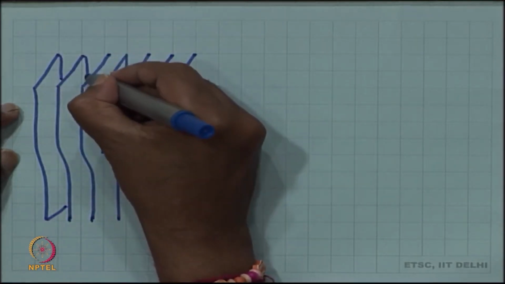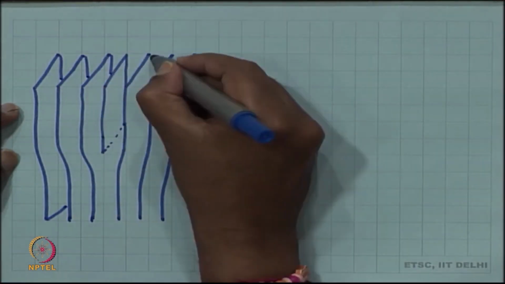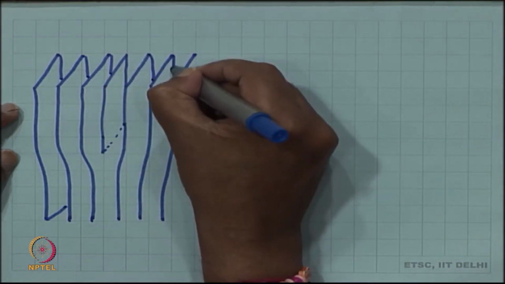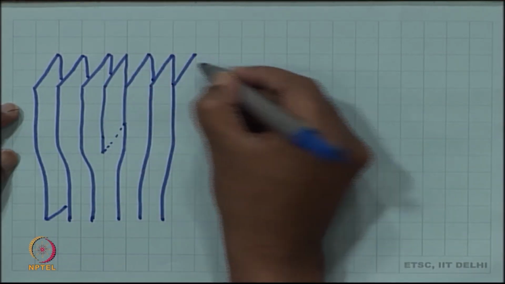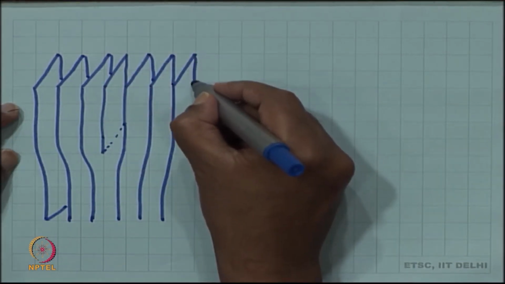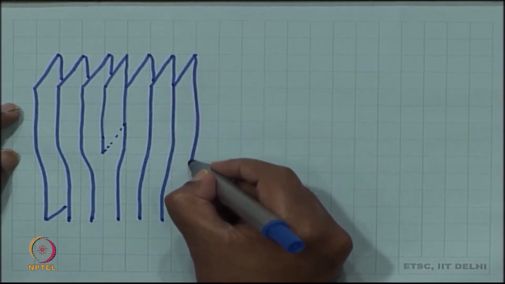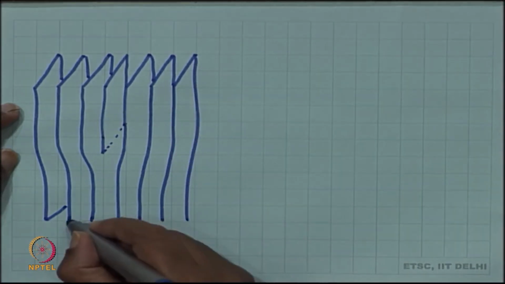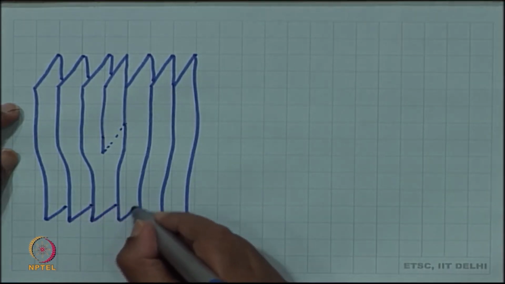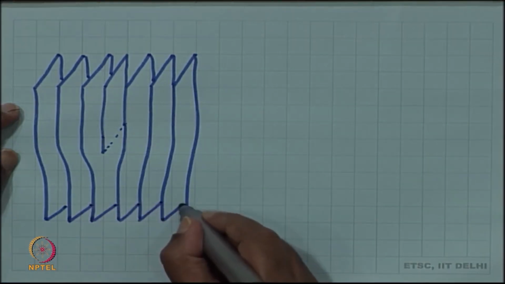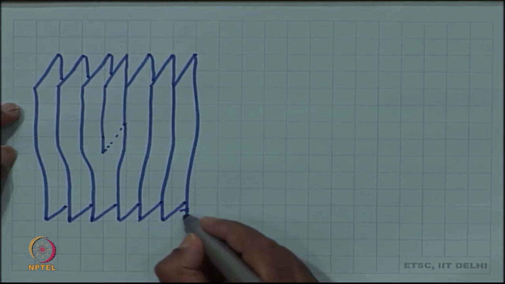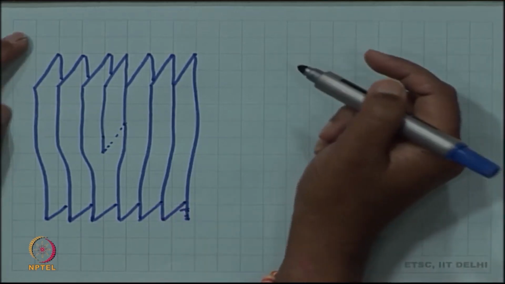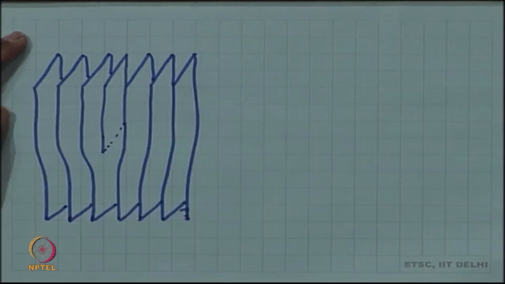I am not showing the atoms, I am only imagining the atomic planes. And the bottom edge of this half plane was the dislocation line.